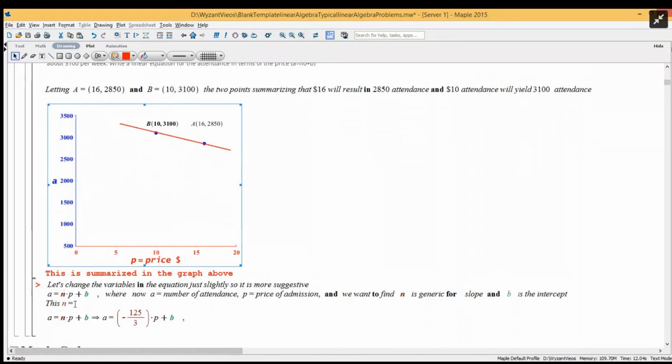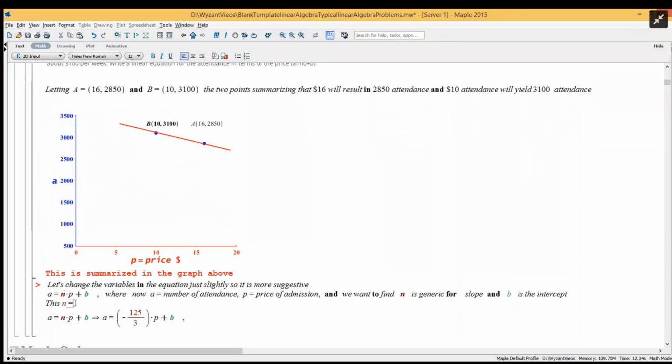Now this n is, by definition, the slope of the line, and that's given by the difference of the second coordinates, 2850 minus 3100, divided by the corresponding difference of the first coordinates, which would be 16 minus 10. No matter how you slice and dice it, that's going to be a negative number, which is minus 125 over 3.